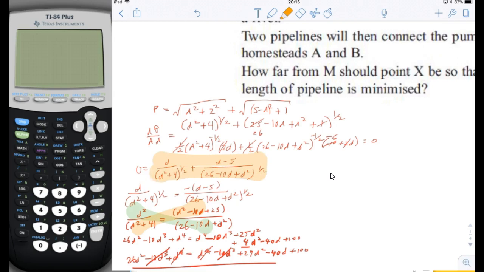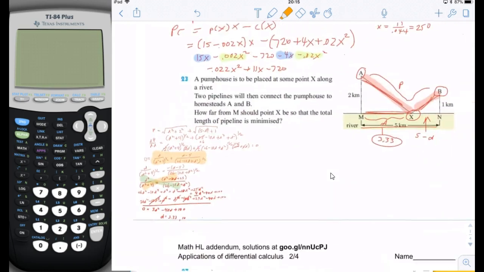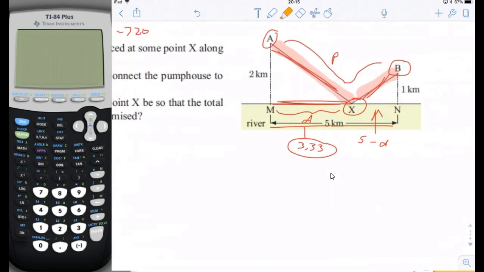In order to take the second derivative of that, you would get another ugly function, and it would be pretty hard to find the zero of that too. So in this case, you could kind of do it visually. You could say, okay, this looks like it might be the answer. If I start yanking the X point to here, is that going to improve things? Is the distance from X to A and X to B here, would that be shorter? And you can kind of do it visually.